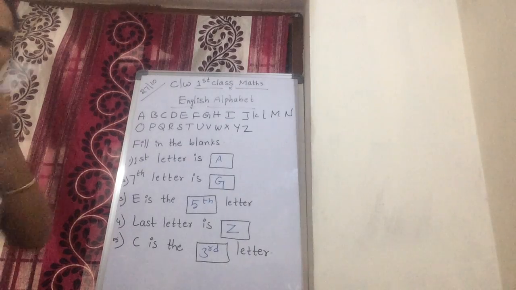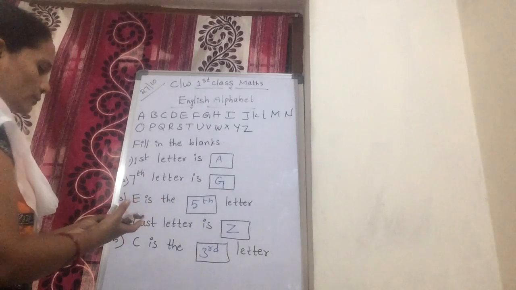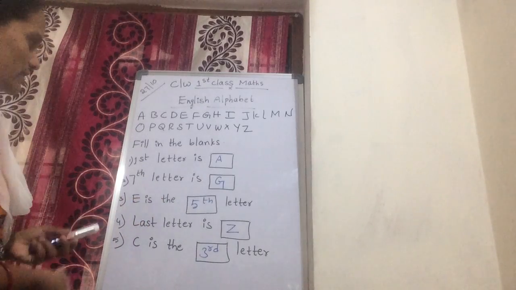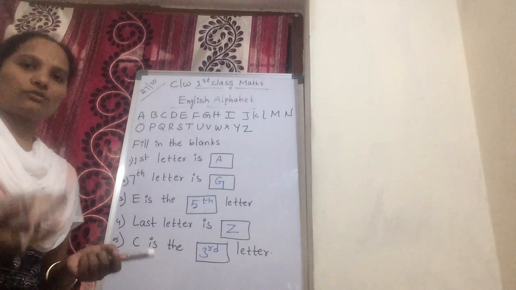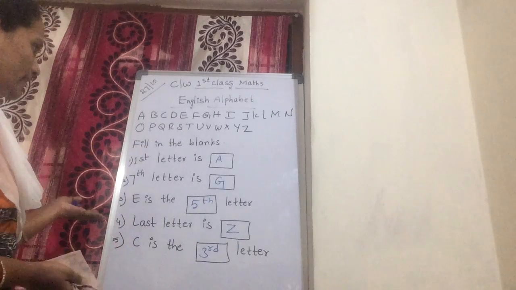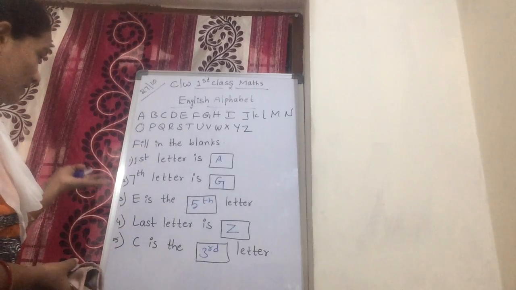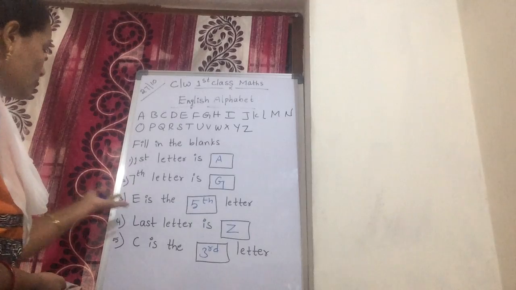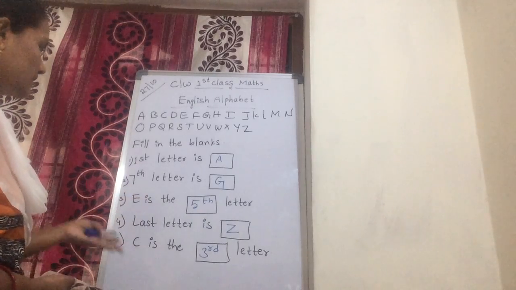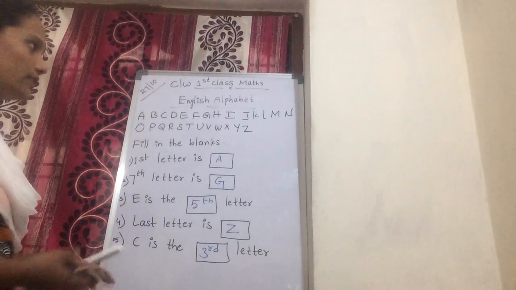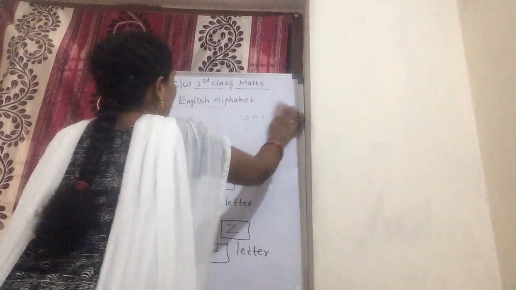Okay, I will repeat, children. We know the first alphabet, the first, second, third letter, fourth letter and like that. And the seventh letter, and E is the fifth letter, the last letter is Z, C is the third letter. Now next one, Amma.